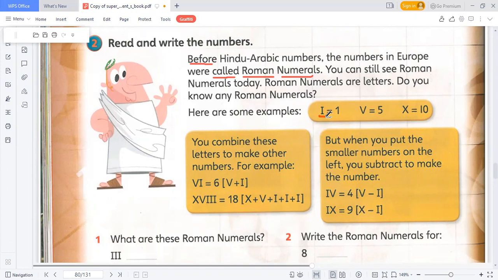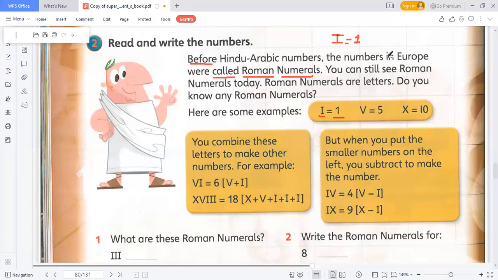So this symbol is equivalent to 1. Okay? So let's say when we write a number, this one, 1, and this one, the letter, this is letter I, right? Letter I in Roman numerals is equivalent to the number 1.